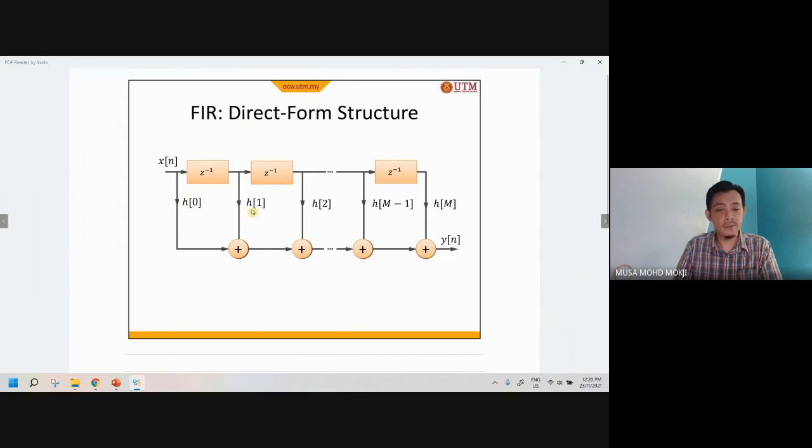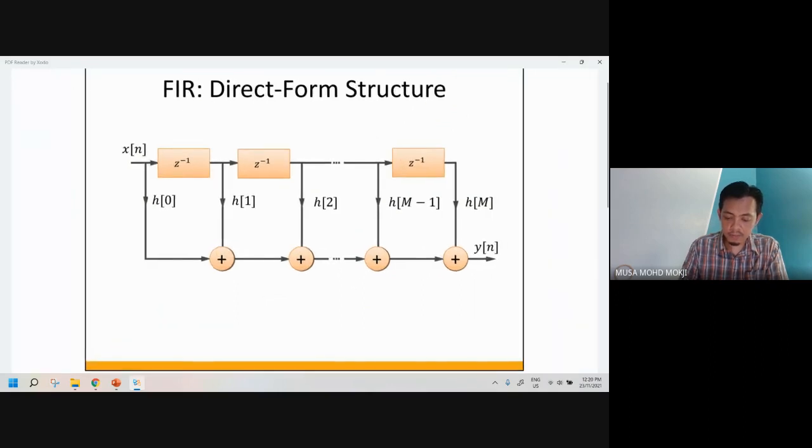This is the second value of your impulse response, the third value, and so on until the last value. So this is xn multiplied by hn. This is h0 multiplied by xn.